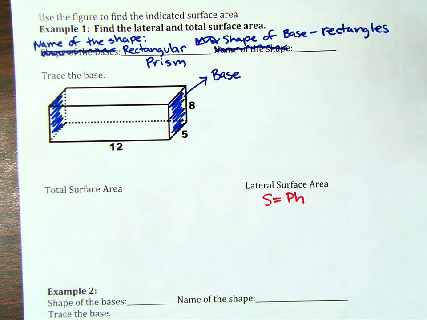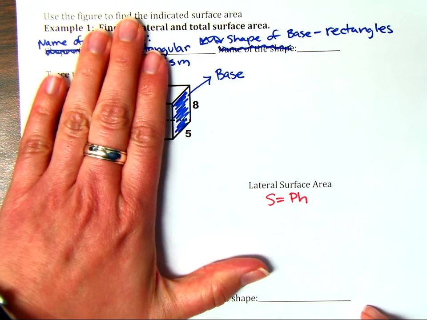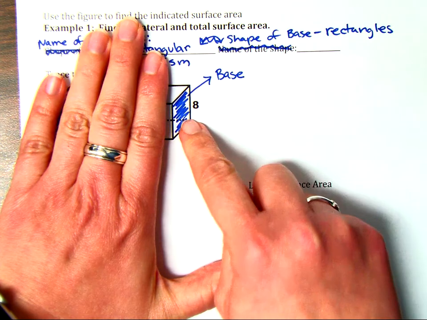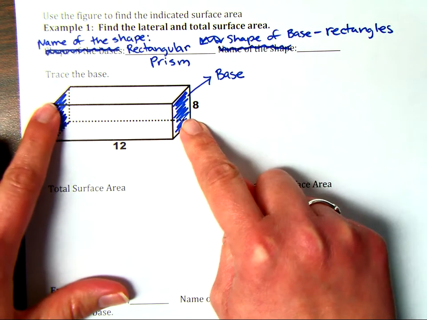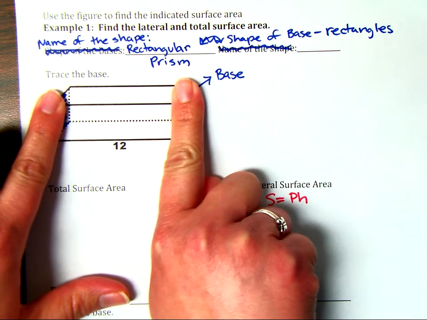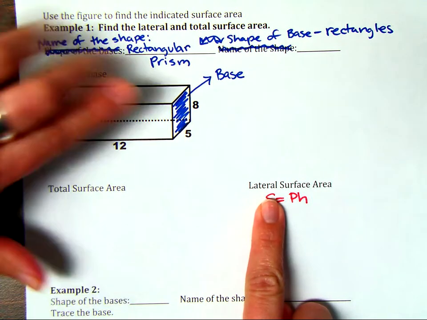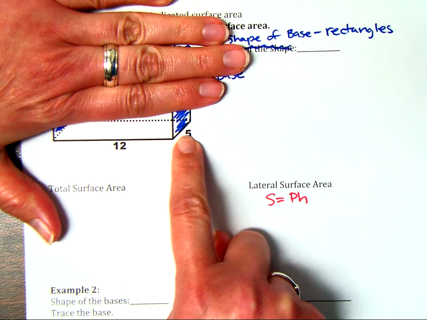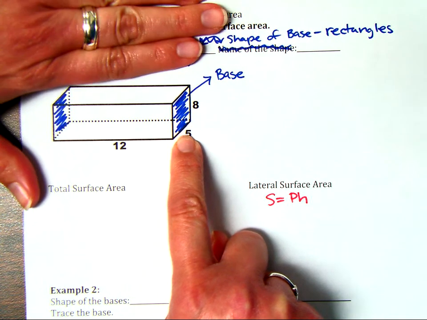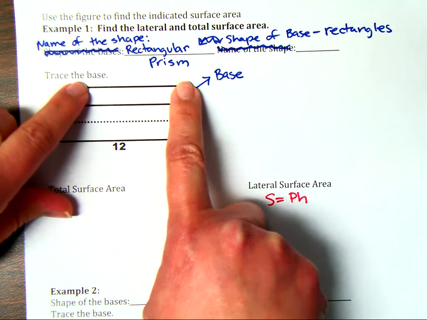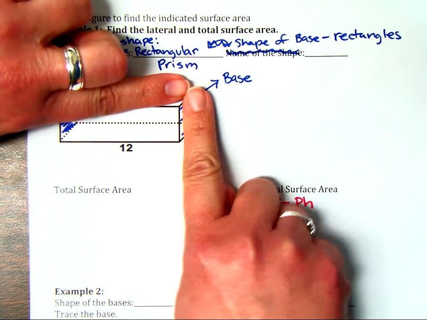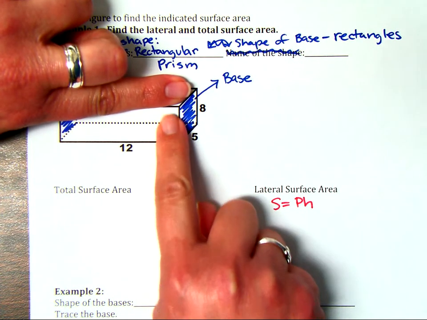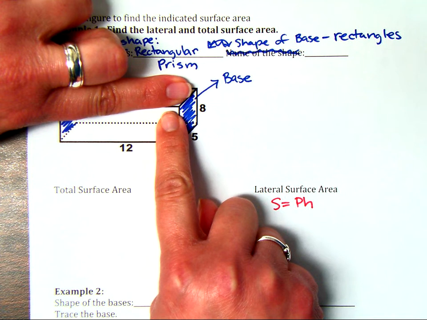If we did this with the net, we would have said this one is 8 by 5, which is 40, and over here is 40, but those are the bases, so we don't want to include them. For lateral surface area, 12 by 5, that one right here is 60, and this rectangle up here is also 60. Then this front one is 12 by 8, so 12 times 8 is 96.